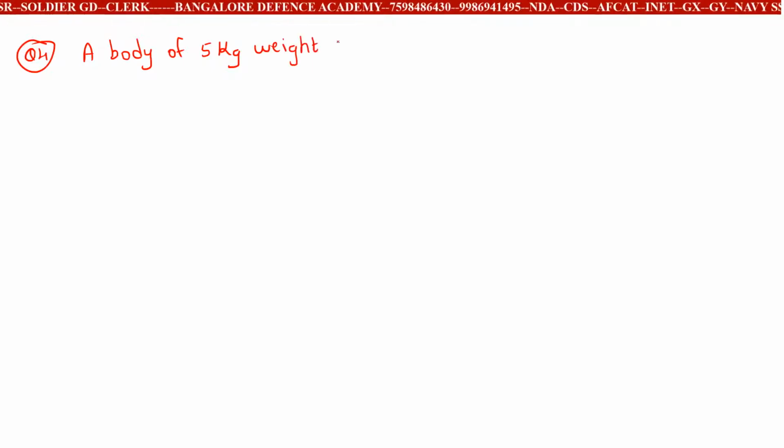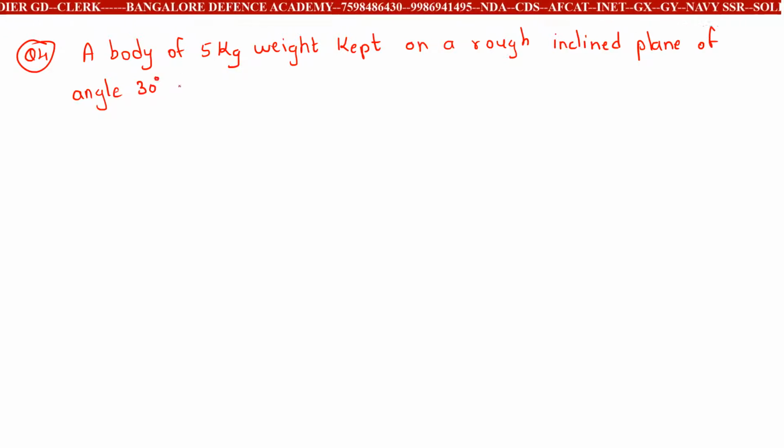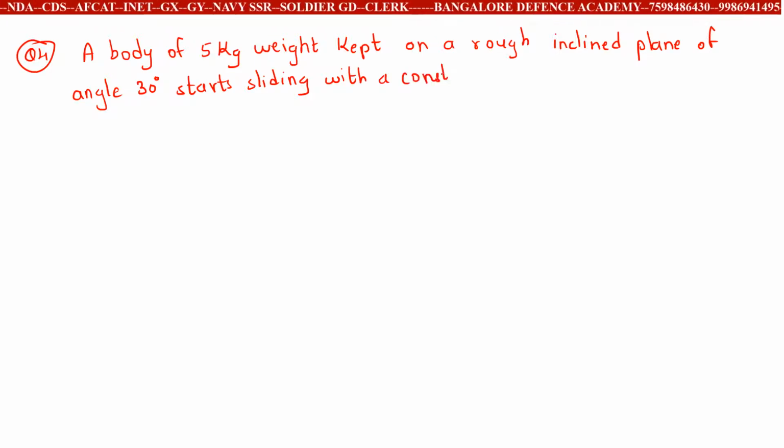A body of 5 kg weight kept on a rough inclined plane of angle 30 degree starts sliding with a constant velocity.